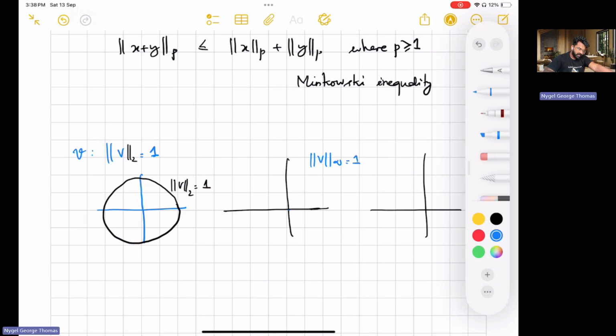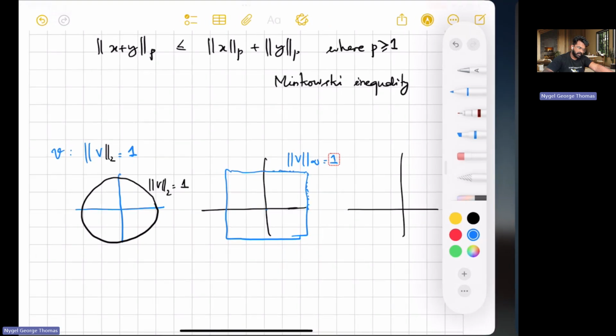All the vectors which lie on the x-axis, of course, have a value 1. Now all the vectors with the y component as 1 will have this. But in the middle, it doesn't matter. All these vectors should form a square. This is the locus of all the points.